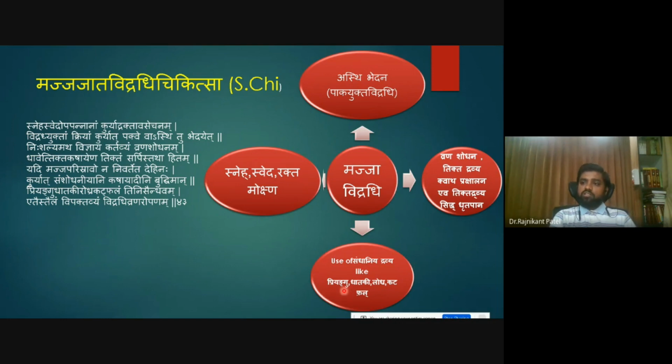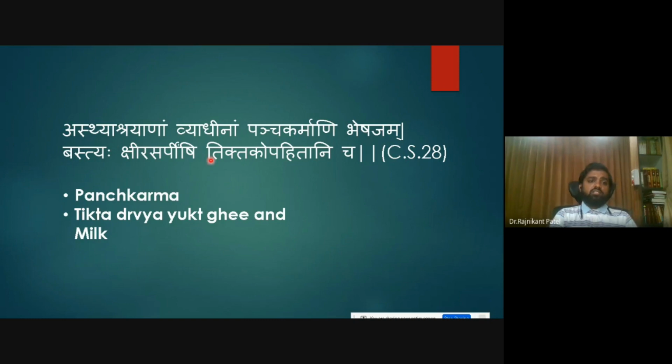Priyangu, Lodhra, Dhataki, etc. As in Charaka Sutrasthana 28th chapter, where he explained the treatment of dhatu pradosha vikara: अस्थि आश्रयण व्याधिनां पंचकर्माणि भेषजं बस्तीया क्षीरसर्पिषि तिक्तको उपहितानि च. So whenever asthi dhatu is involved in any kind of disease, these two treatment modalities we should use: one is panchakarma and second is tikta dravya yukta ghee and milk.